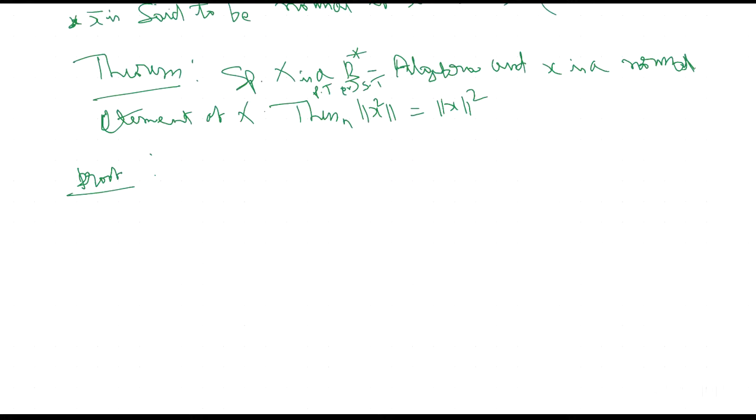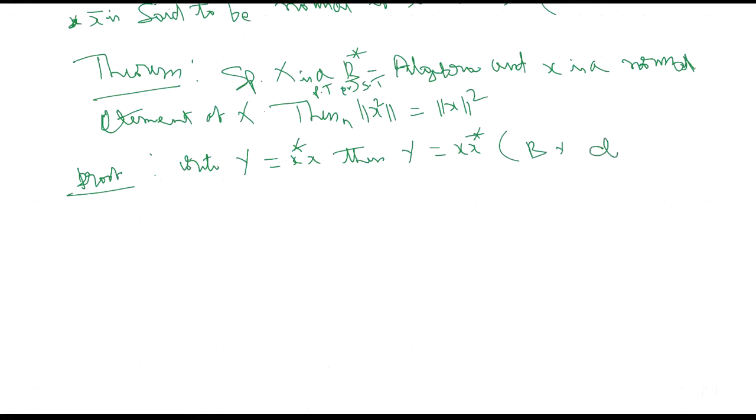Proof. Write y equal to y star, y equal to x star into x. Then y equals x into x star by definition, they commute by definition.